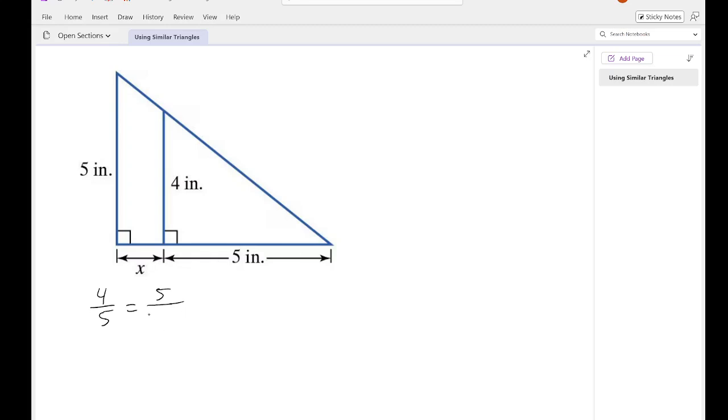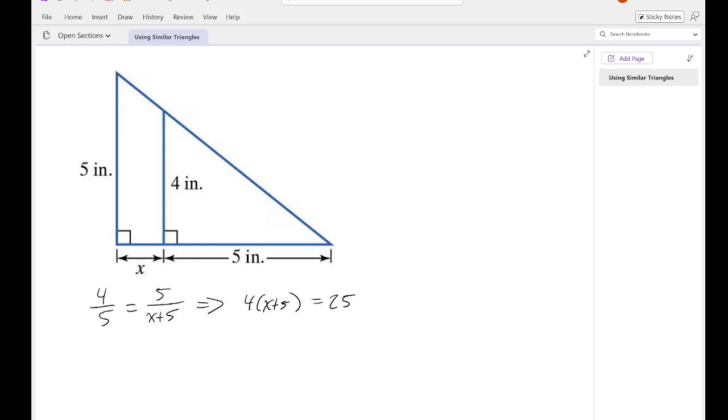So I'm going to say it's just x plus 5. Now, to solve, this time I have x in the bottom, so I'm going to multiply the x plus 5 over here and multiply the 5 over here just to clear the fraction. So I'm going to have 4 times (x plus 5) equals 25.